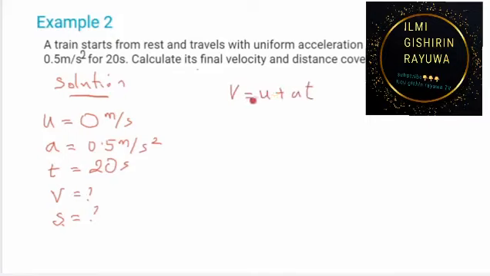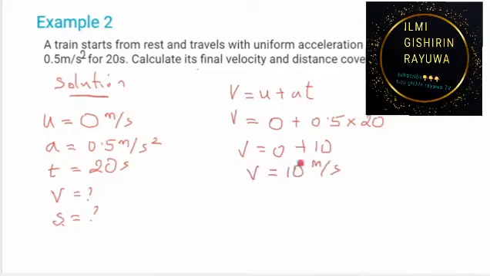So I can find my V. I know U, I know A, and I know T. Substituting my values, V will be equal to U, which is 0, plus A, which is 0.5, times T, which is 20. So V is equal to 0 plus 0.5 times 20, which gives us 10. So V will now be 10 meters per second.